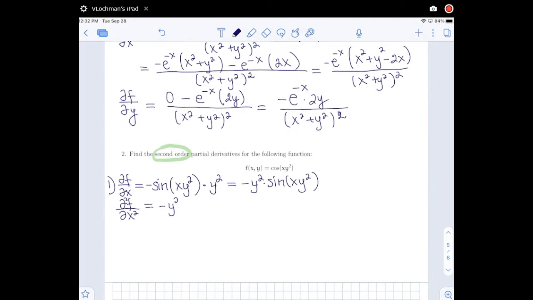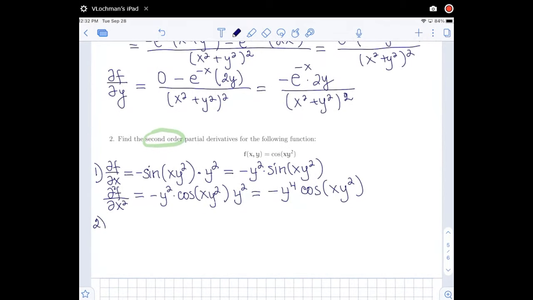Derivative of sine is cosine, cosine of the same argument. And now we need to do the times the derivative of the inside with respect to x. So that would be y squared again. So we get negative y to the fourth cosine of the same argument, x y squared.